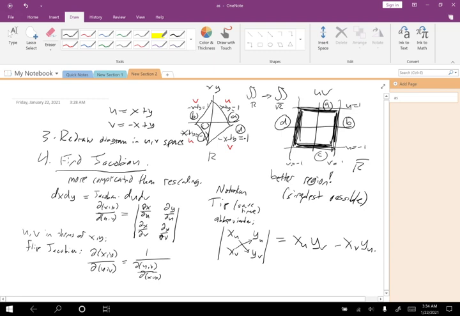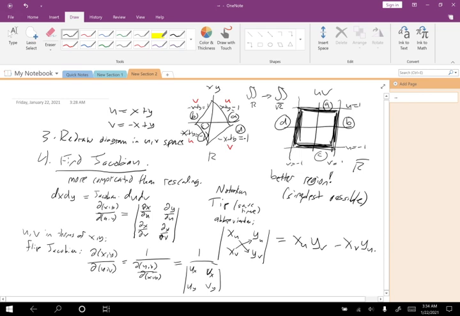Right? So it's 1 over this other determinant. So ux, vy, let's see, vx, and uy.